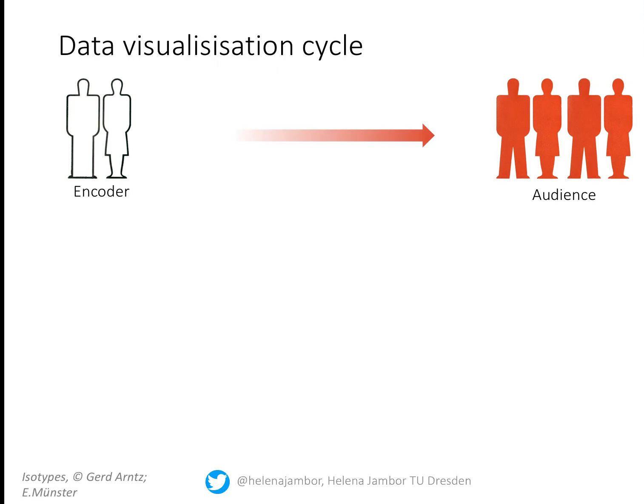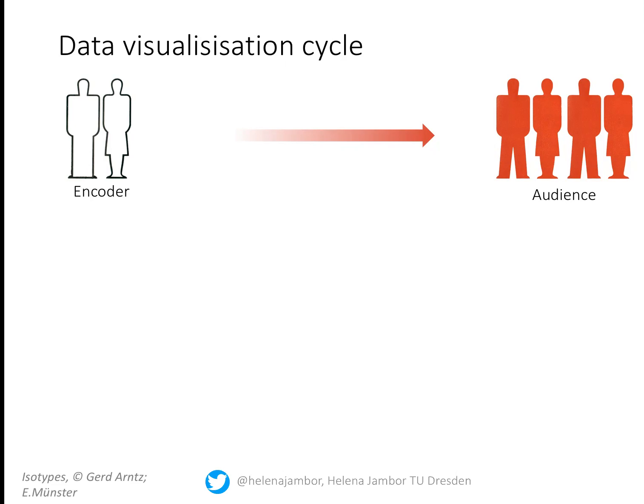And the target is usually some kind of audience. When you're exploring the data, the audience is yourself. When you're explaining the data, the audience is maybe your thesis supervisor, your colleagues, or the whole world, in case you are working on something like Corona that currently is receiving a lot of attention.